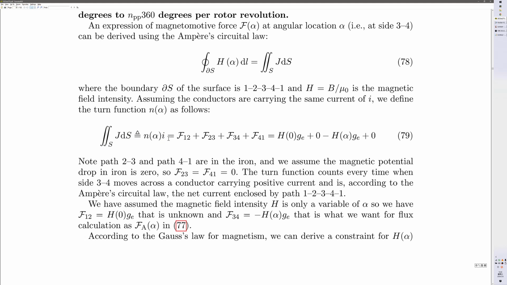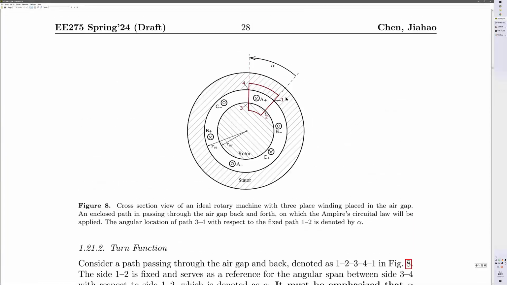And the number of current, then we can count for our current. So it's basically the turn number times the current, right? So N alpha is equal to, so because basically starting from here it's 0, it's count 1, and we don't count for other phase, I assume.